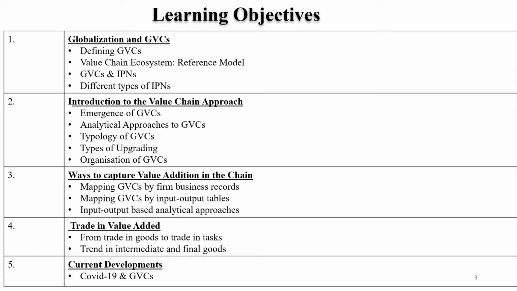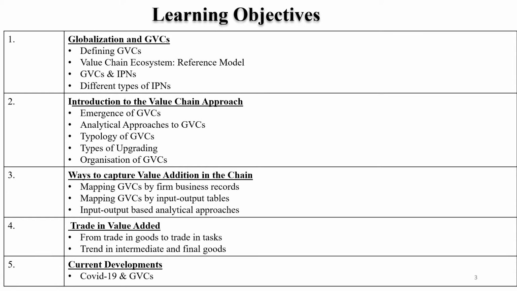In the second part, we will understand the emergence of GVCs and analytical approaches, different typologies. And in the third part, our focus will be on mapping GVCs and how to measure GVCs through different methods.